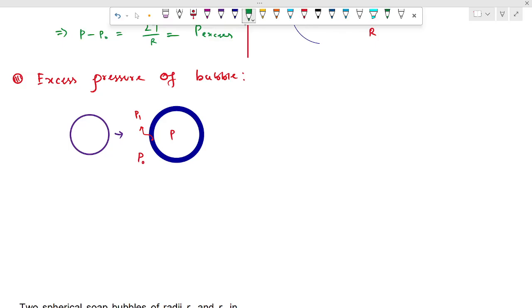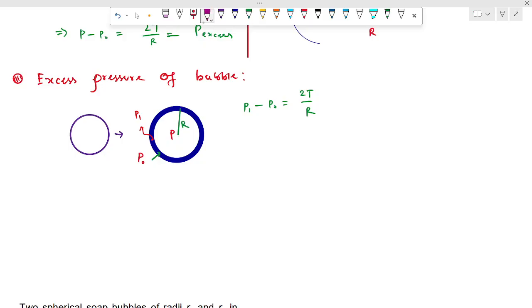When we move from the P0 region to the P1 region, the excess pressure P1 minus P0 is equal to 2T by R. What is R? R is the radius of the bubble.